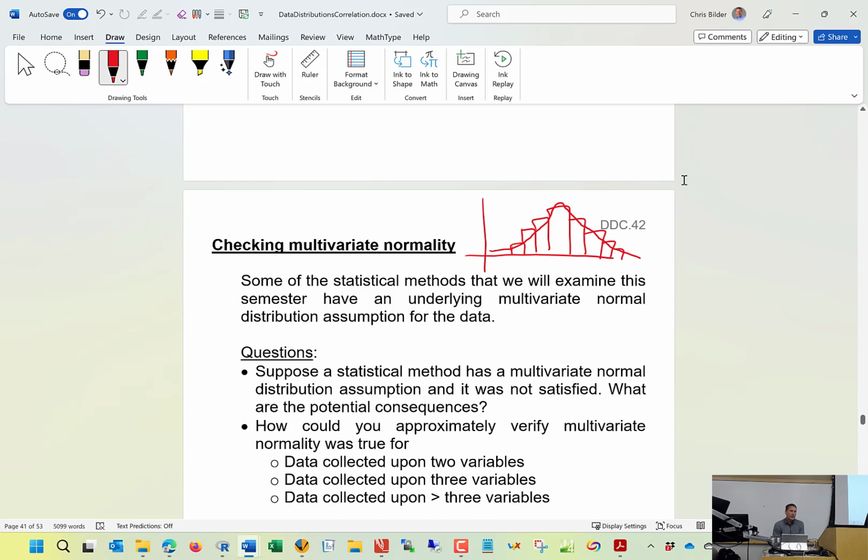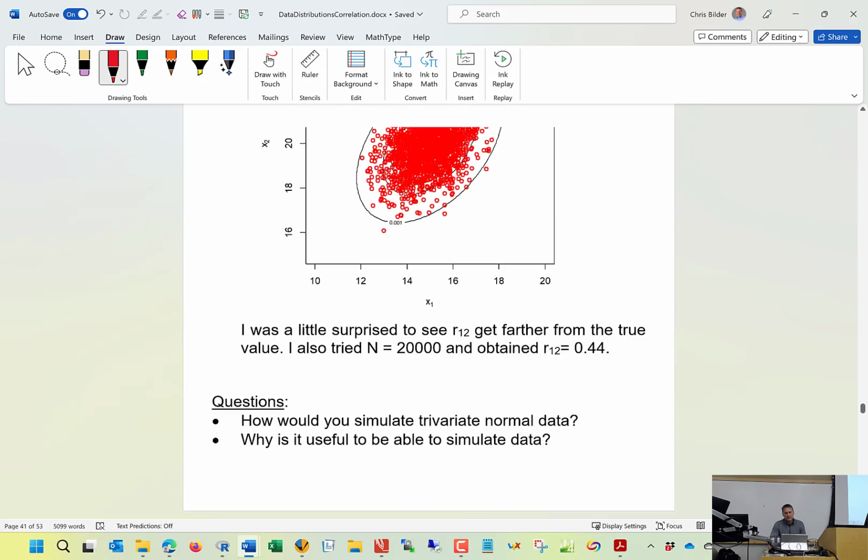So we have some problems here. If a particular statistical method relies on a multivariate normal distribution assumption, with 2 variables I have a good way of checking, but with 3 or 4 variables I don't have a good way of making a check.